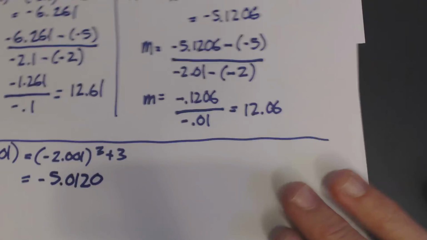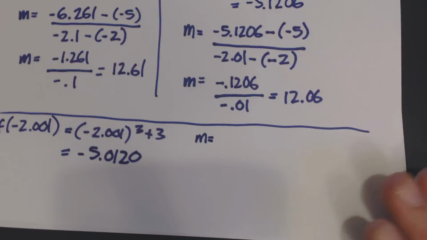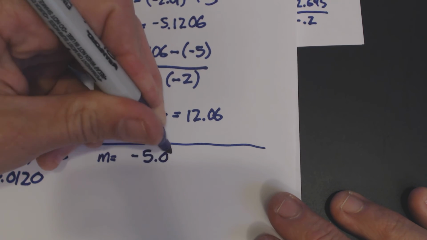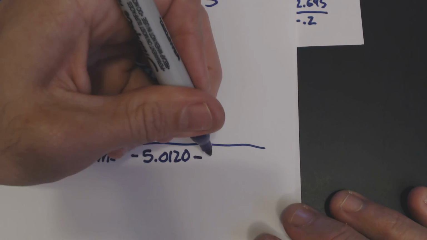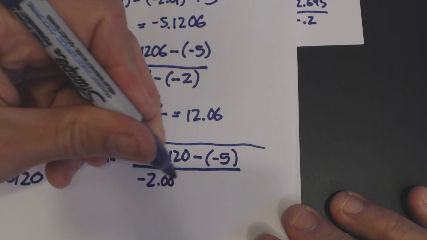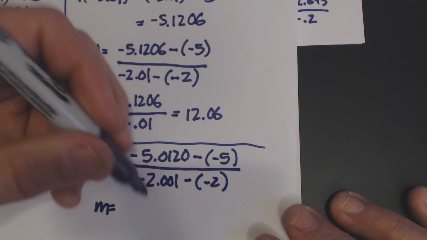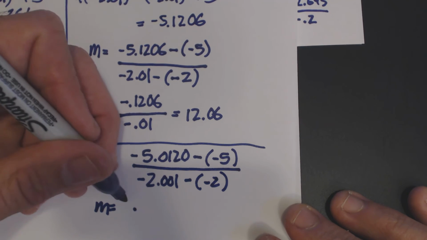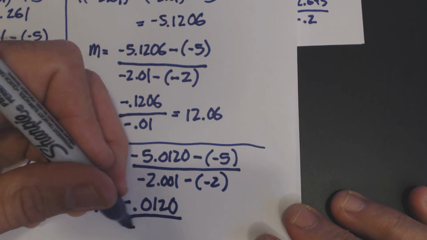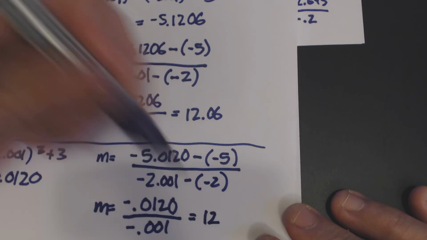And now let's find the slope of this final secant line connecting this new point Q and the original point P. It's going to be negative 5.0120 minus negative 5 over negative 2.001 minus negative 2. So the slope is going to equal negative 0.0120 divided by negative 0.001, and that's going to equal 12.